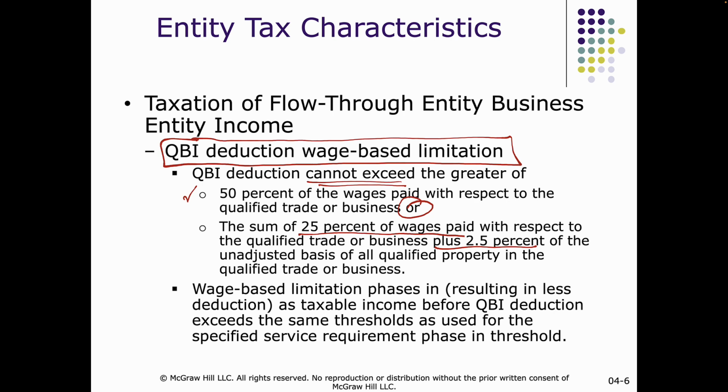So it's an or here, one or the other. As long as you meet one of those and it cannot exceed that amount, you can have the QBI deduction. The wage-based limitation phases in, resulting in less deduction, as the taxable income before the qualified business income deduction exceeds the same threshold used for the specified service requirement phase-in. And as you can probably tell from all of this, it's very specific.